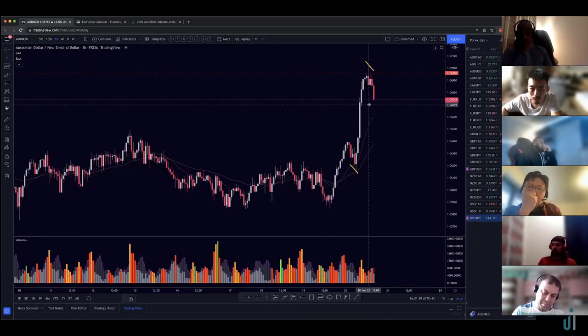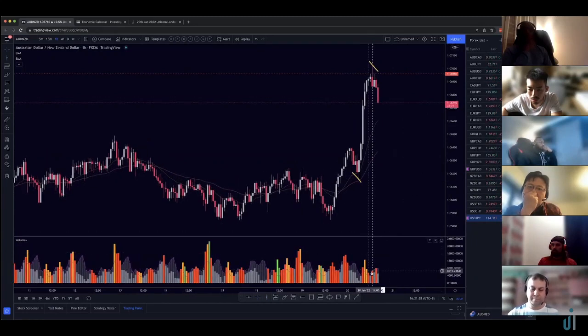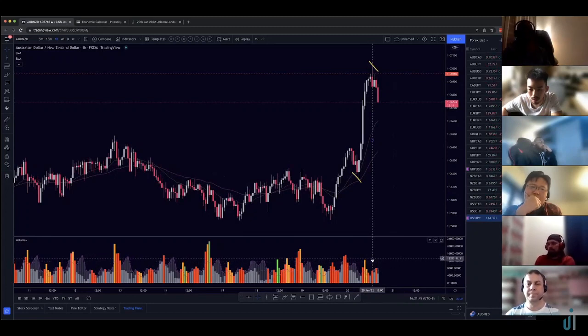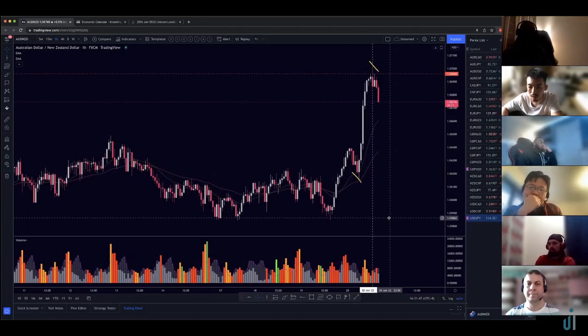So when you take sells like this, you have to make sure at the top there's high volume. In this case, it's not particularly high, not from the 1 hour. You're right.